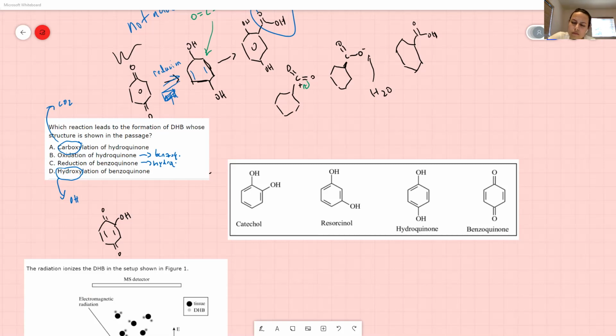Which laser is suitable for the molecule after its frequency is doubled? The frequency of what is being doubled? Of the laser, the lasers in the choices. For instance, laser D has a wavelength of 532 nanometers.